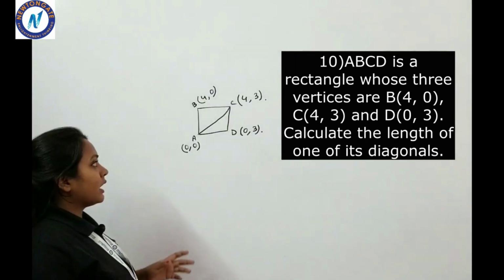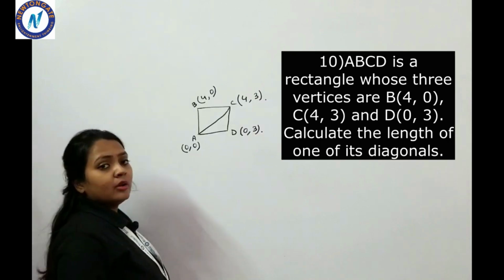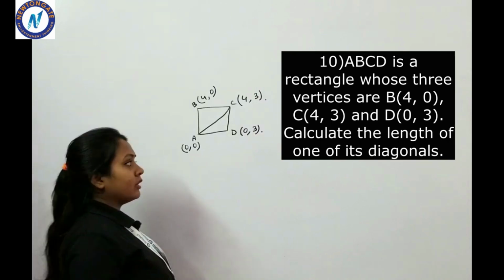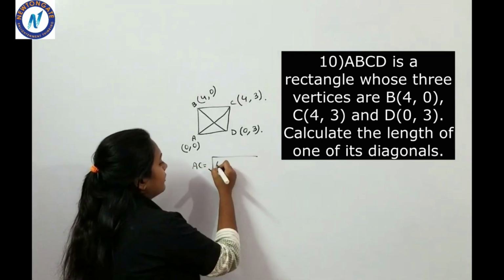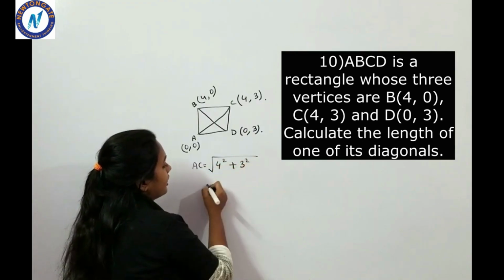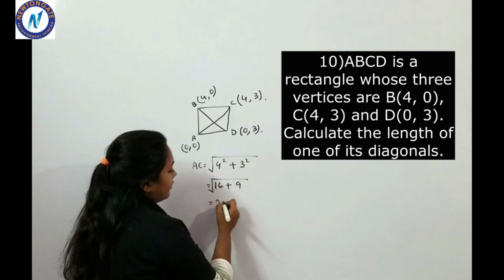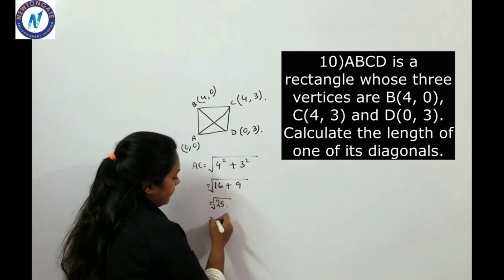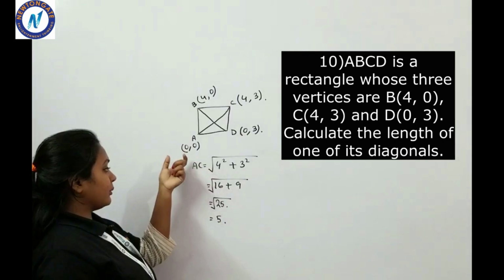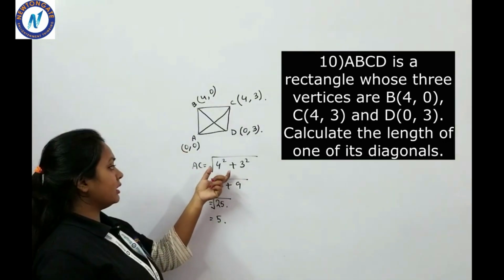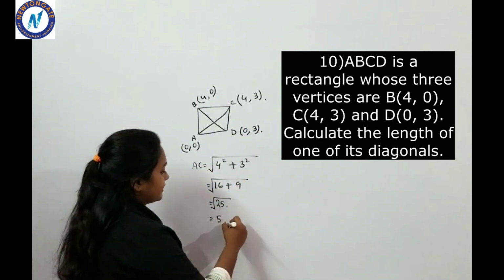We know that the diagonals of the square are equal. That means AC and BD are both the same. So we will calculate the distance from A to C. Root over 4 square plus 3 square, that means 16 plus 9, and the root of 25 equals 5. Since we calculate the distance of C from the origin, here we use the formula under root of x square plus y square, and that is the answer.